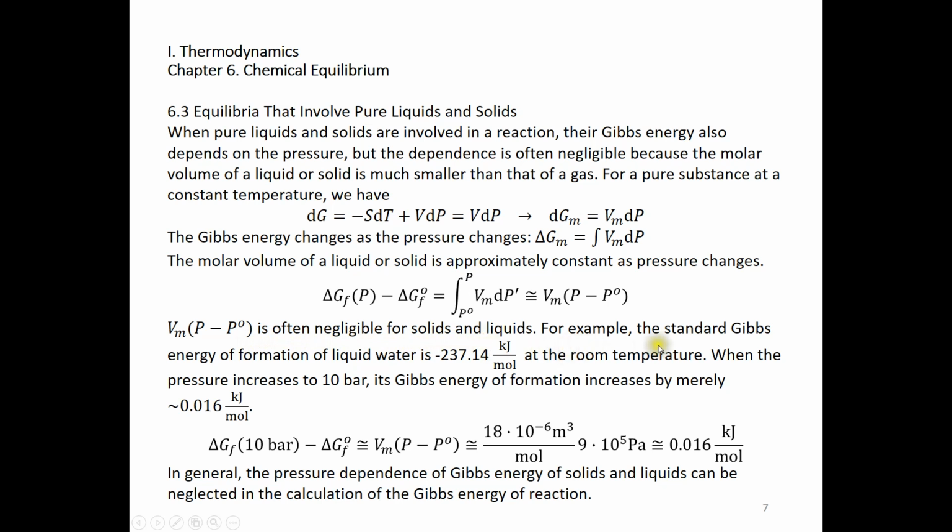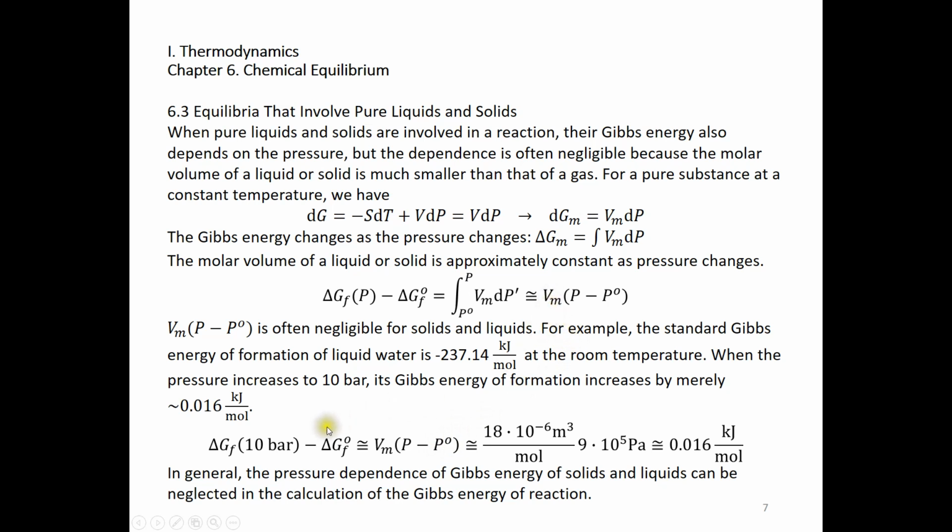Here's the example. The standard Gibbs energy of formation of liquid water is negative 237 kJ per mole at room temperature. Now let's change the pressure from the standard pressure, which is 1 bar, to 10 bars. So that's a significant pressure change. Now let's look at the change in its Gibbs energy of formation. The Gibbs energy of formation at 10 bar pressure minus the standard Gibbs energy of formation is equal to the molar volume times the pressure difference.